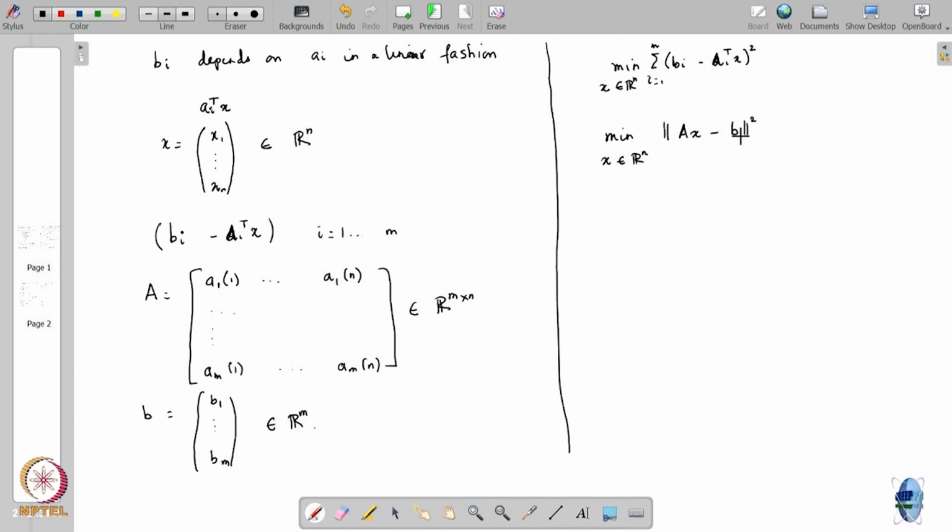What this problem gives you is the optimal set of x's. X's have different names. They are called regression coefficients in some communities, and they are called weights by some.